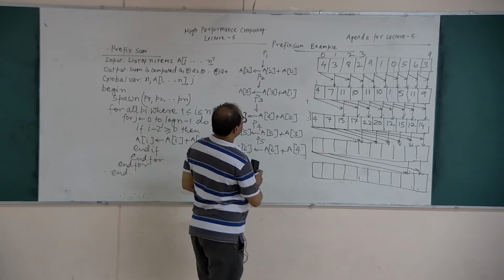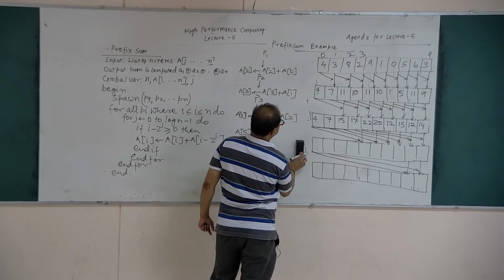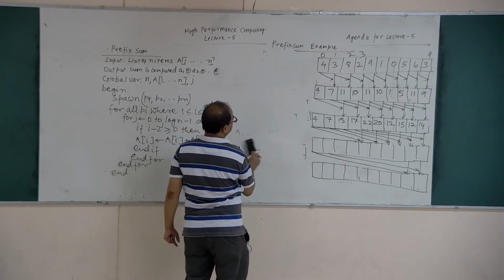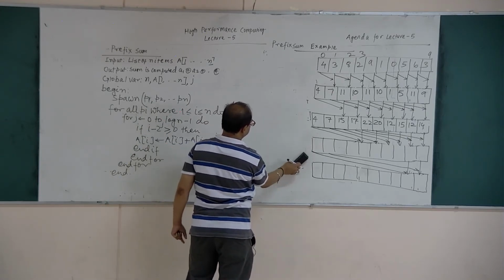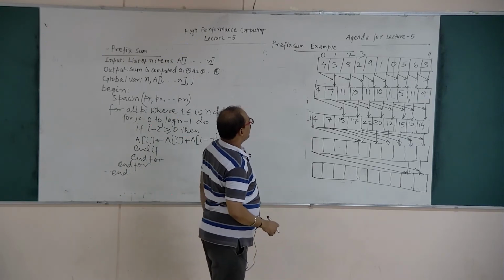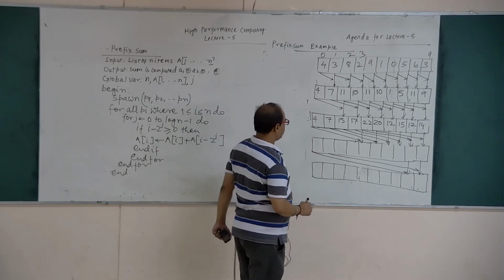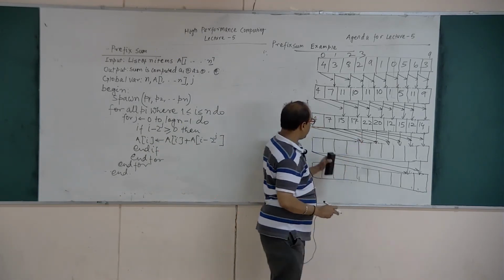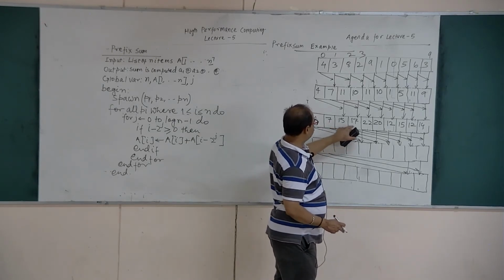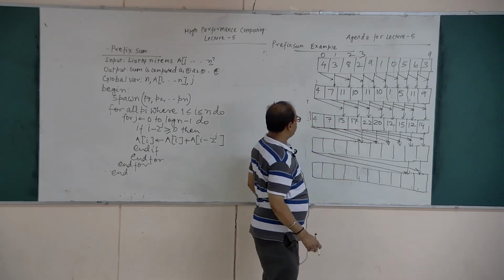And in the next step we use N minus 4 processors. So in the last step we have used N minus 4 processors, N minus 1, N minus 2, N minus 4, and N minus 1. So in the next step, this is your processor P1, and P1 is adding the element at A4 plus A0.